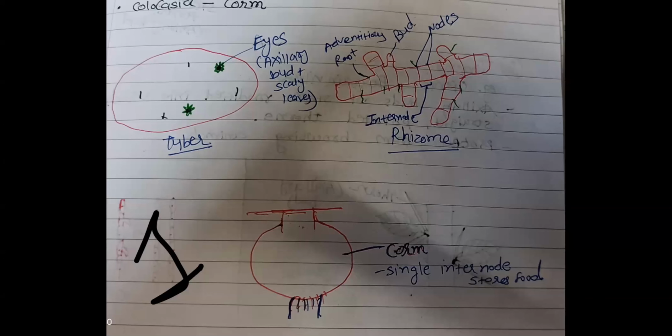First, some question answers. Tell me, on the stem, what type of buds are present? Correct. Apical and axillary. And in this bud, which cells are present?